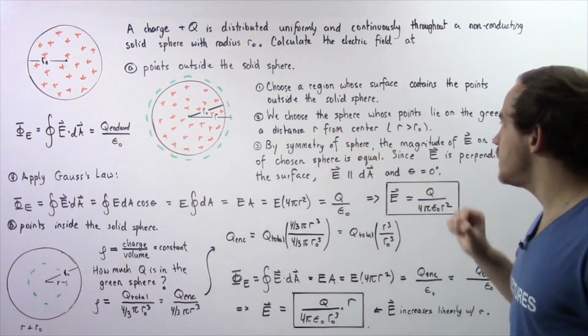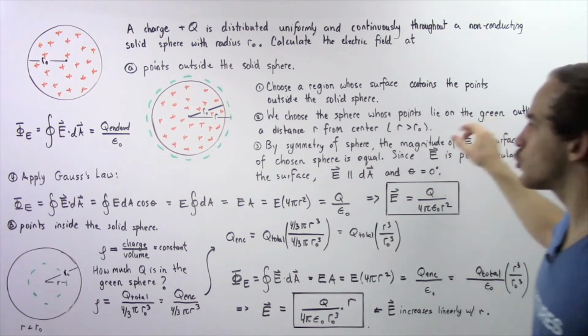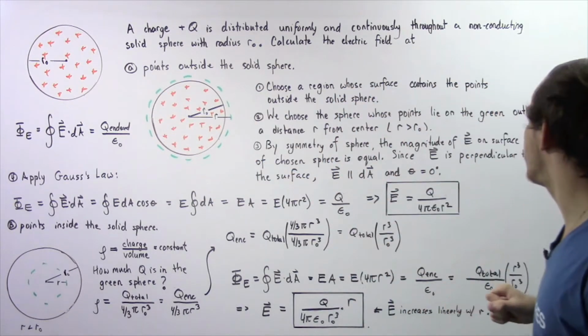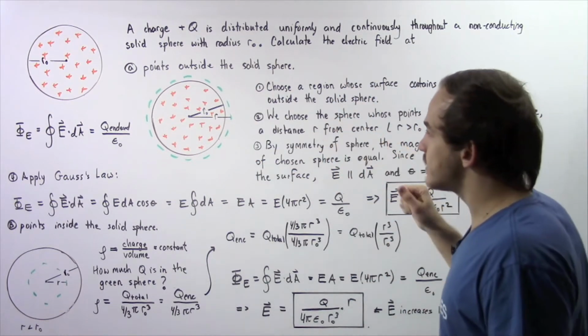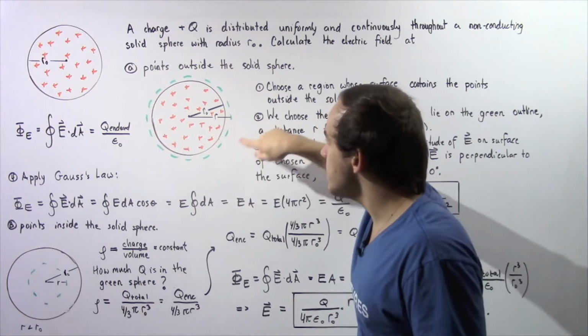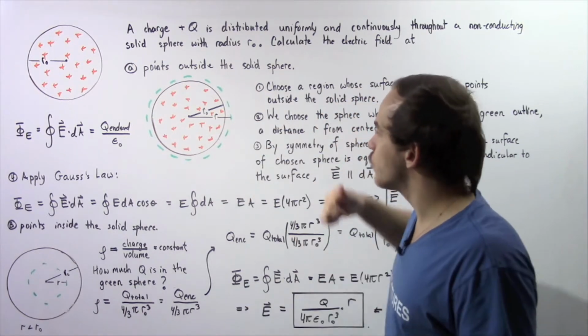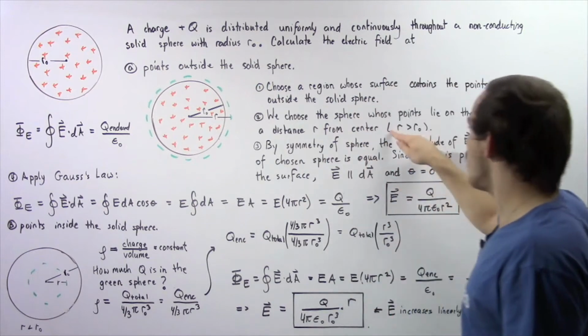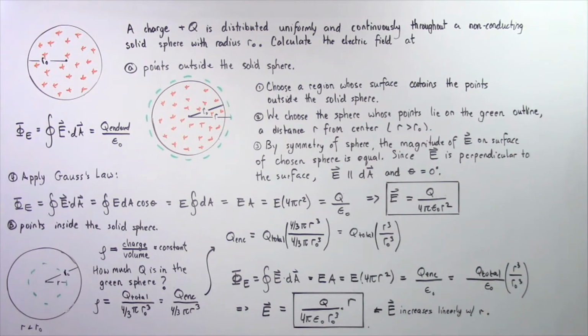So we choose a sphere whose points lie on the green outline shown. Now, the radius of our outer sphere, r, is larger than the radius of our solid sphere given by r0. So r is greater than r0.